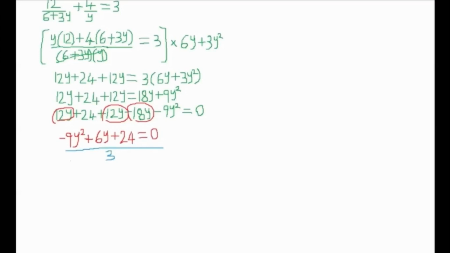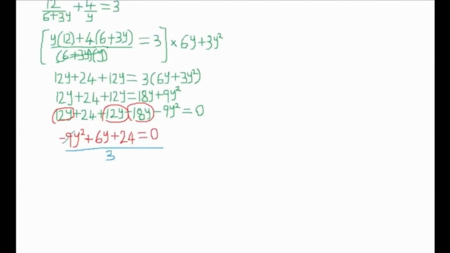Now let's try to make this one simple. Let's find a number which can go into negative 9, positive 6, and positive 24.